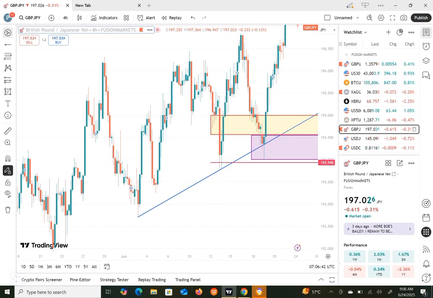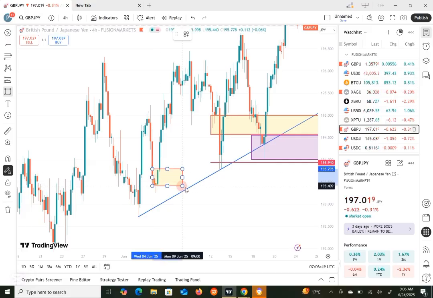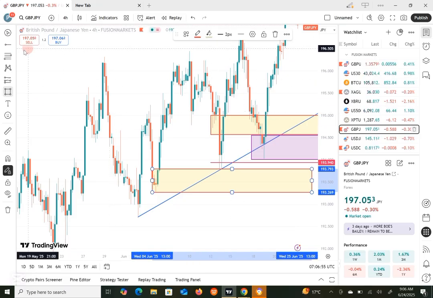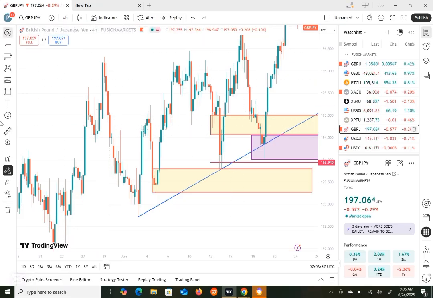So for this order block that we put here, your fair value gap would have been at this one.